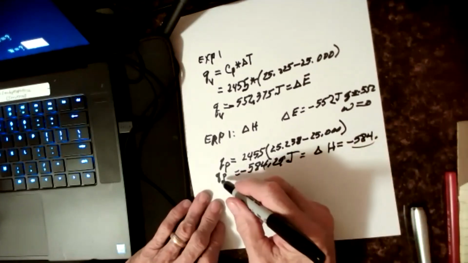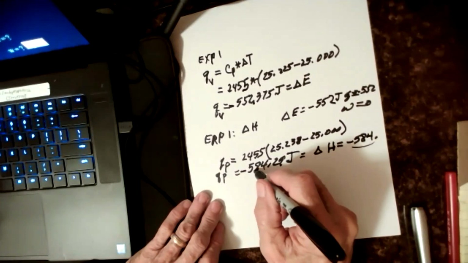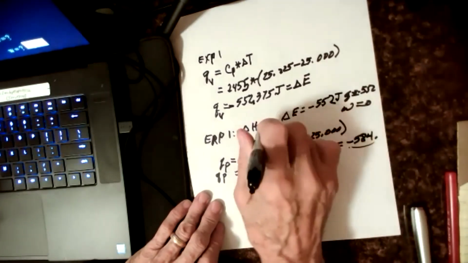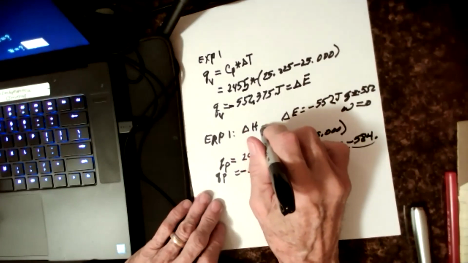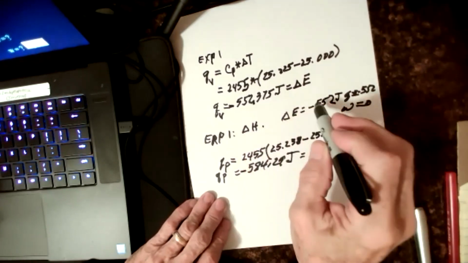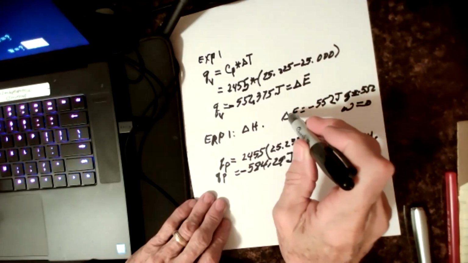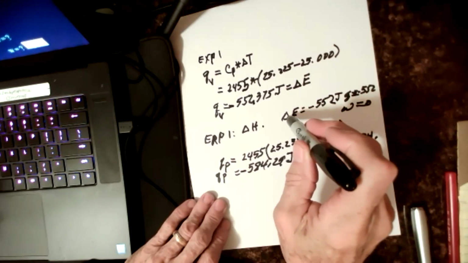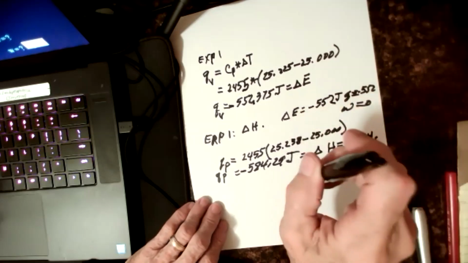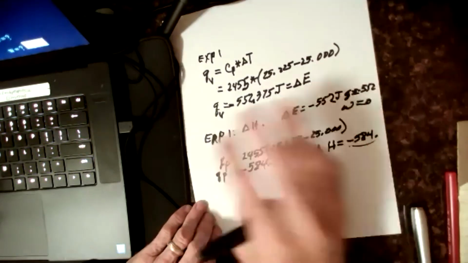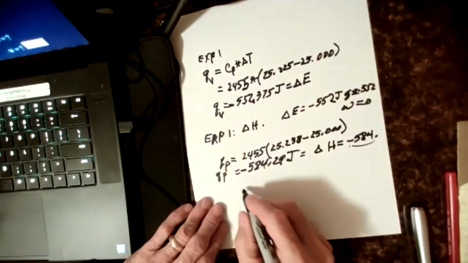I measured the Q at constant pressure in experiment 2. That gave me the delta H both in experiment 2 and experiment 1. So I know the number. When I went to the delta E value, I got that in experiment 1. But since delta E is a state function, it's also the same value in experiment 2. So now I've got everything except the Q in experiment 2.